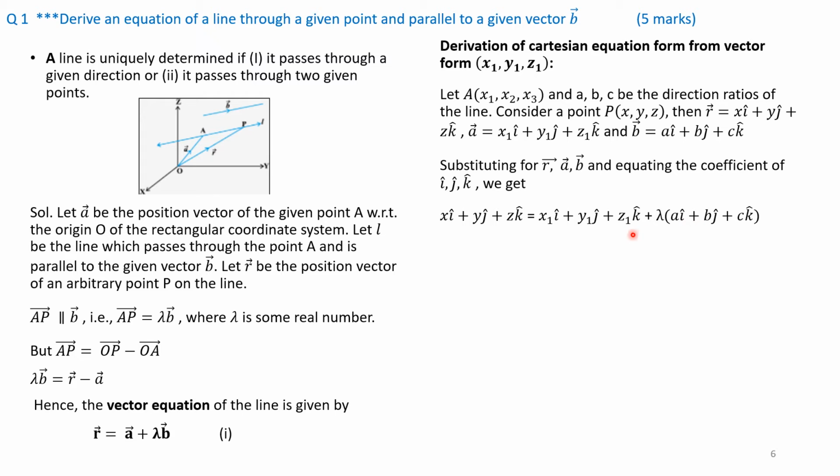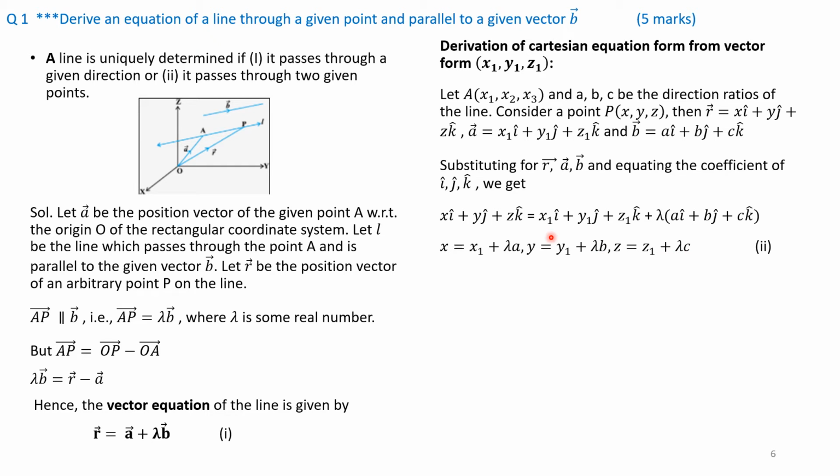That is, the coefficient of i is x1 plus lambda a, the coefficient of j is y1 plus lambda b, and the coefficient of k is z1 plus lambda c. Please write down the full equation, substituting the values of r, a and b. So these are the parametric equations of the line.